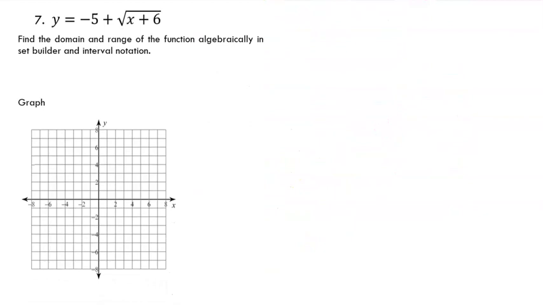We have a square root function. Let's go ahead and graph this. So a parent square root function is going to look like this. Okay, and that little vertex is going to be at 0, 0.